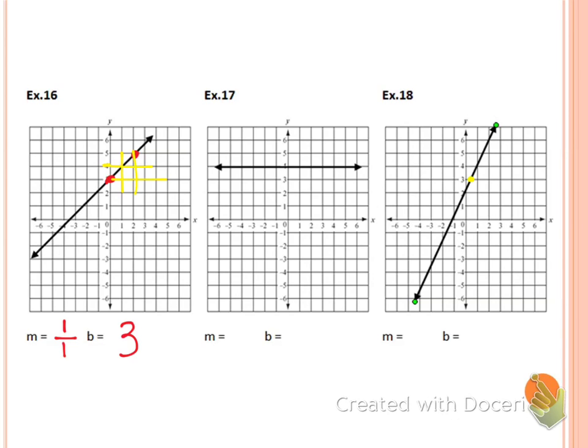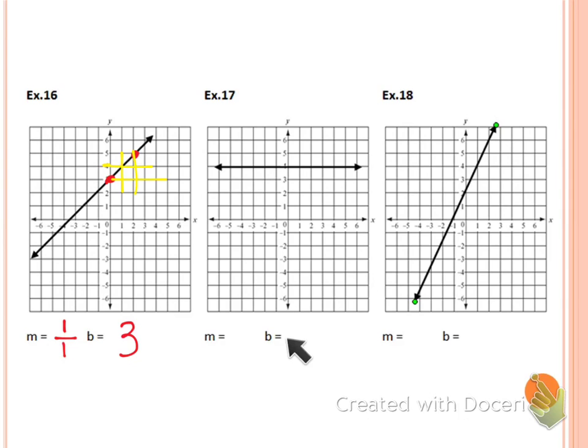Alright, we are going to move on to number 17. Let me just erase that. Alright, on 17, Natalie, what is my y-intercept? You were closer with 0, but that's our slope.